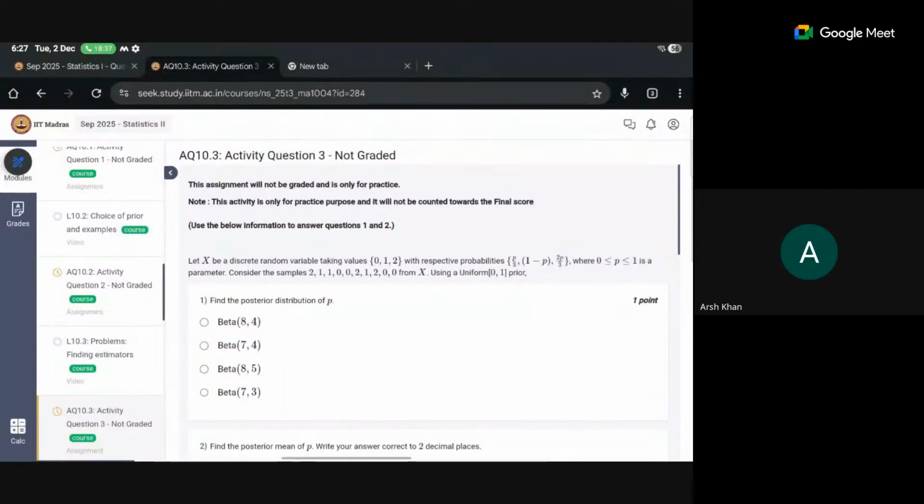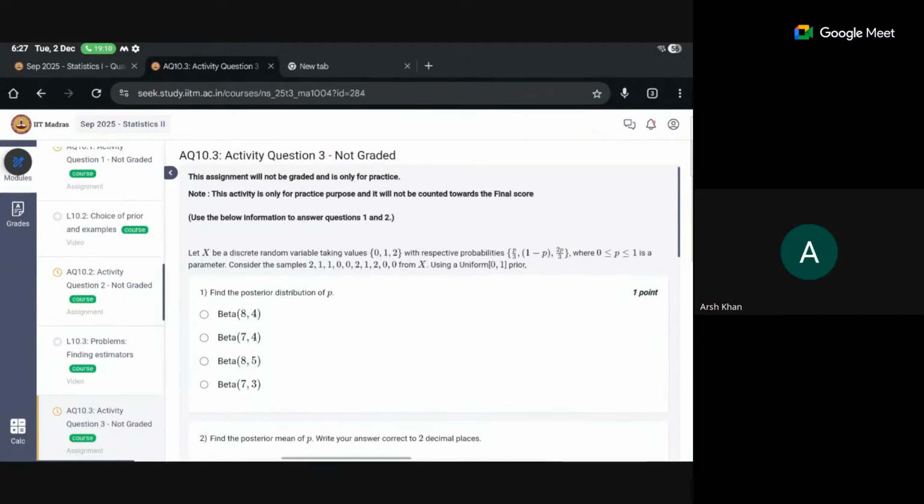Harsh, you can just write it in the chat box as well. It's fine if you are not able to speak. Okay, option A. Okay, I got option A. What about others? Only 2 answers I got. If you're stuck, if you're having issues, at least say that as well.